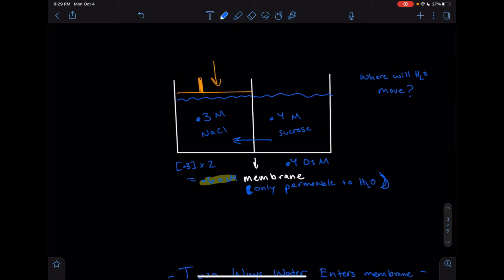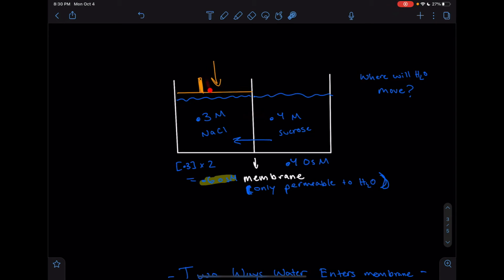Now, why do I have this external pressure drawn? This external pressure is trying to show how much pressure is needed to not have a net movement of water. So let's say I add a certain amount of pressure here, and there's no net movement of water.